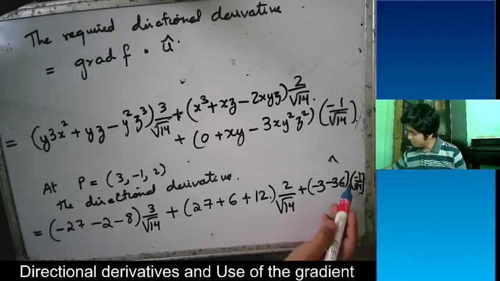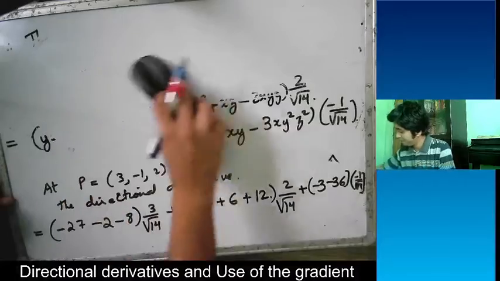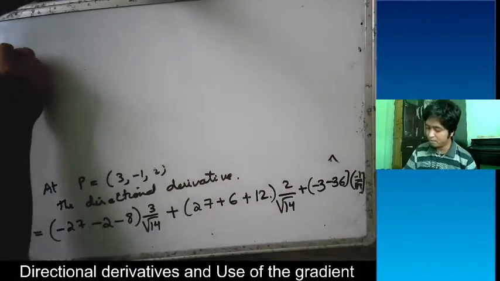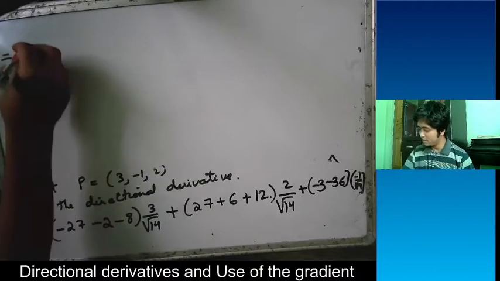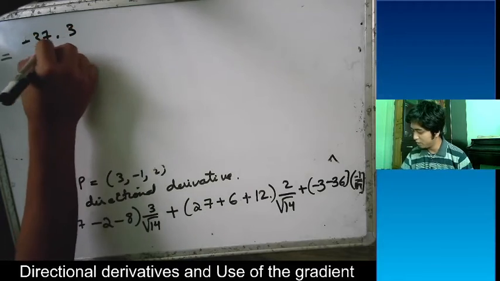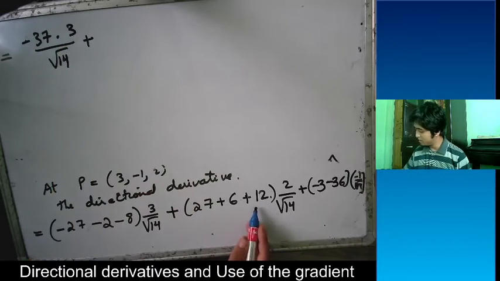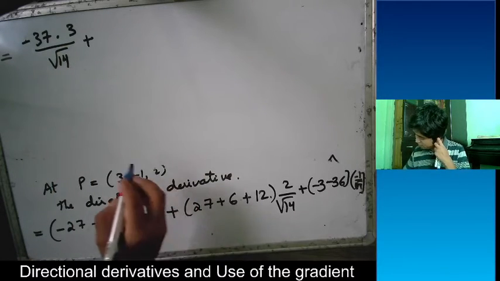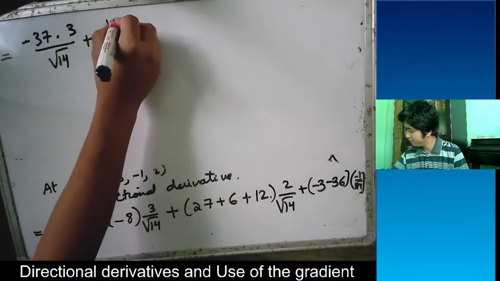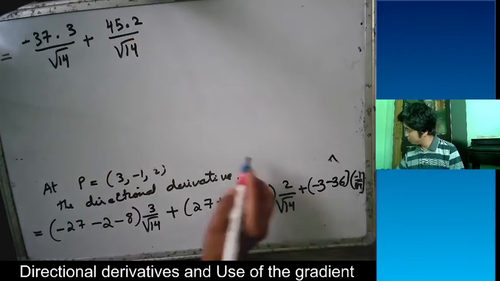Okay, I hope it is clear. This one is minus 1 upon root 14. So this is the required directional derivative. Now all we have to do is simplify it. 29 minus 37 times 3 upon root 14, plus 27 plus 17, 27, 33, 45, 45 times 2 upon root 14, and this one is equal to minus 39.